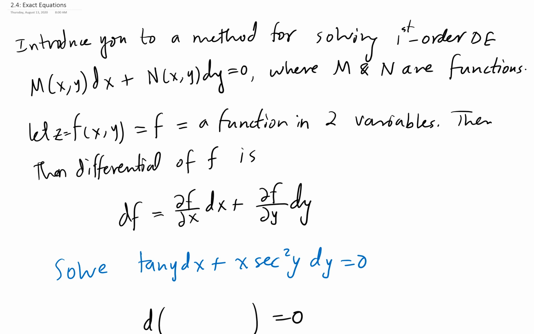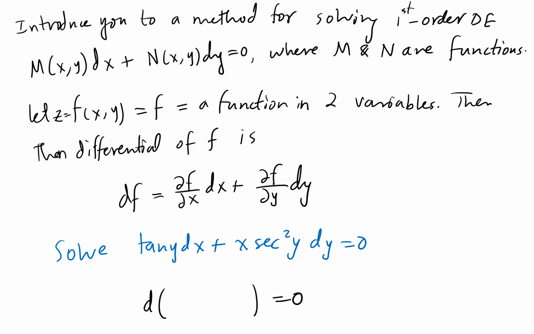So if we look at solving an equation like this, tan y dx plus x secant squared y dy equals 0, it's kind of like by inspection or guess and check. What can go in here, in the parentheses? If you differentiate it, you get the equation right above it. I see secant squared, so there should be tangent y, because the derivative of tangent is secant squared. And I see an x there, so there should be an x in here.